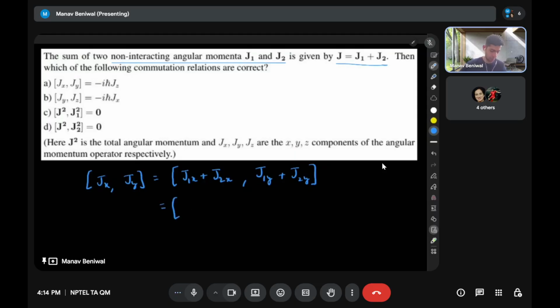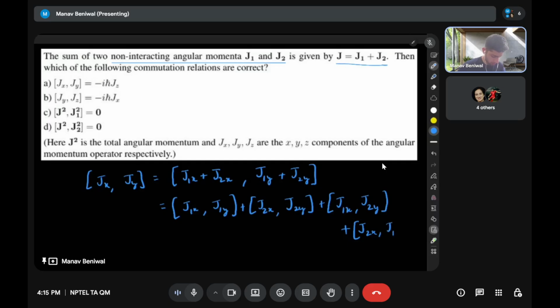Expanding, we can write this as the commutator of J1x, J1y, plus the commutator of J2x, J2y, and then we have cross terms: the commutator of J1x, J2y, and lastly the commutator of J2x, J1y.